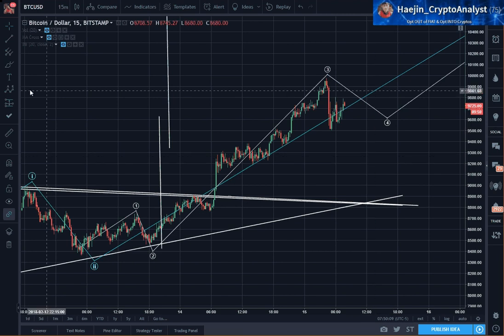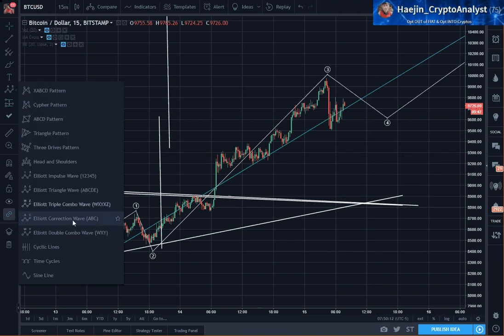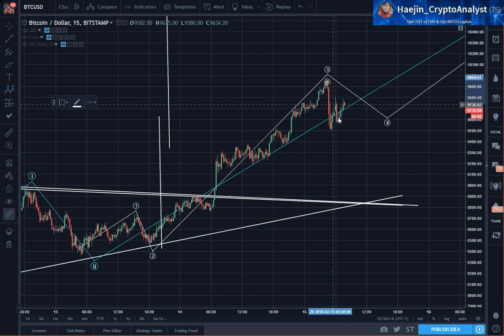So I think there's a greater chance maybe for this to be a very simple ABC as well.